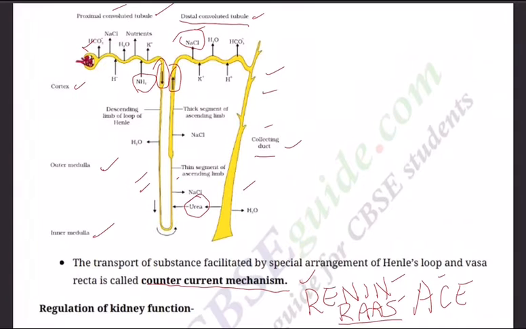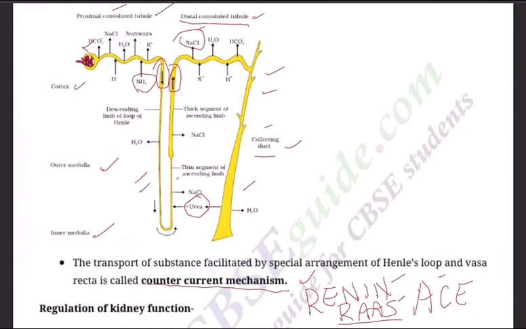The proximity between the loop of Henle and the vasa recta, the network of the vasa recta surrounding this, as well as the countercurrent in them, help in maintaining and increasing osmolarity towards the inner medullary interstitial fluid.